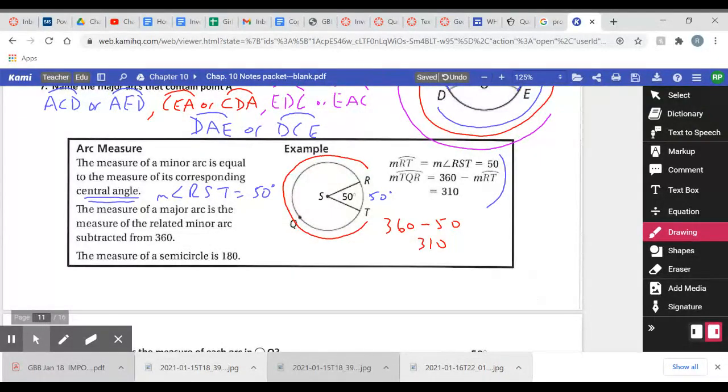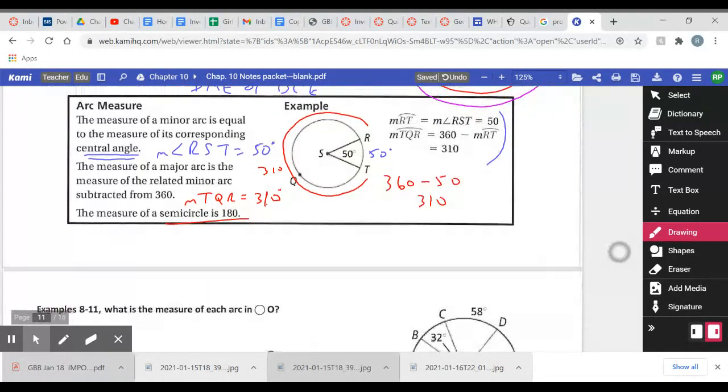So I can say that the measure of TQR is equal to 310. I'm going to put that by the picture if that's helpful. And the measure of a semicircle is 180. We already mentioned that a moment ago.